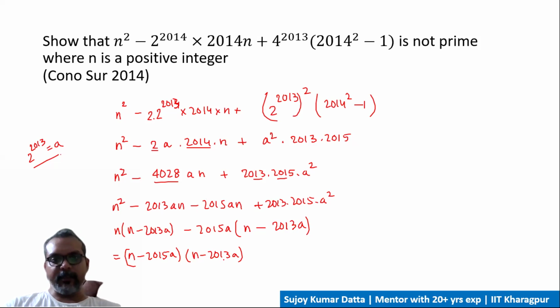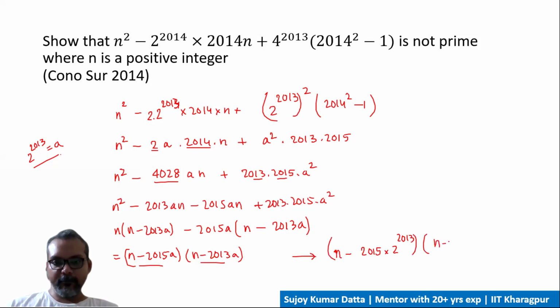So once we have factorized this, we can therefore conclude that this is not prime. Another way of saying that none of them actually can be 1. If I replace that a, so what I'm going to get is n minus 2015 times 2 to the power 2013 and n minus 2013 times 2 to the power 2013. So we have clearly been able to factorize this in two parts, and hence we can conclude that this thing is not prime.